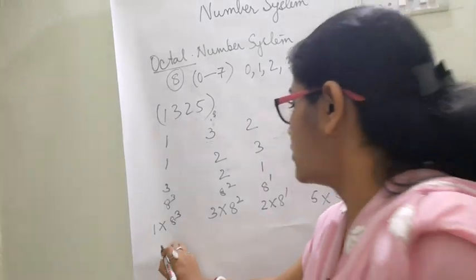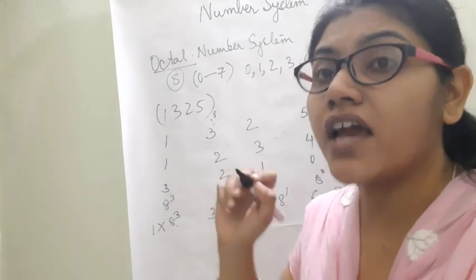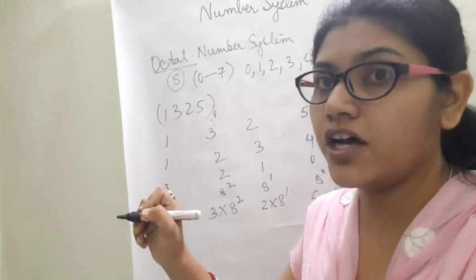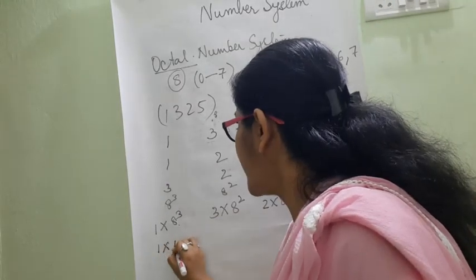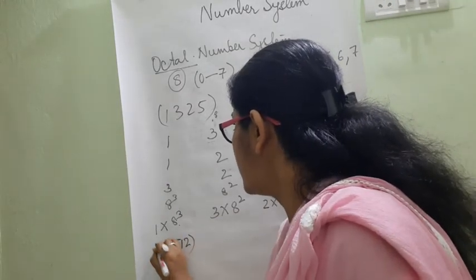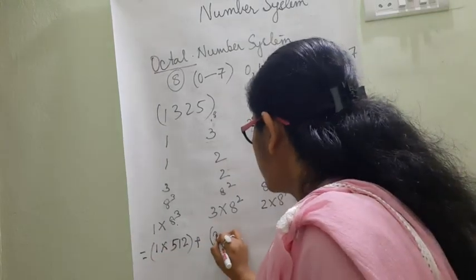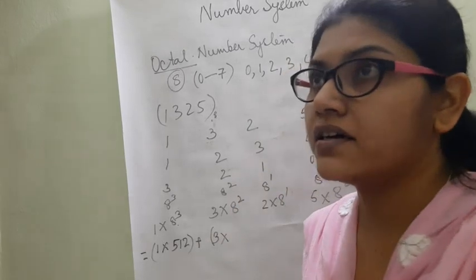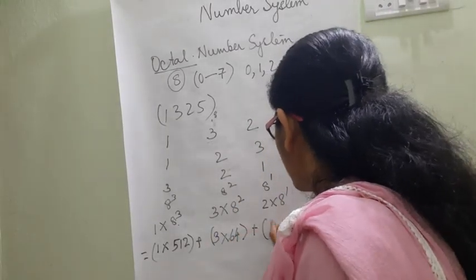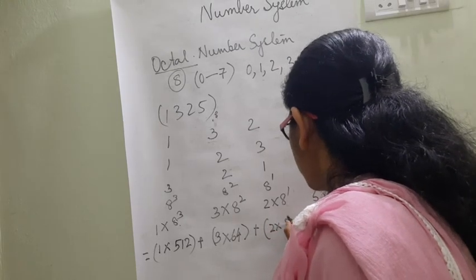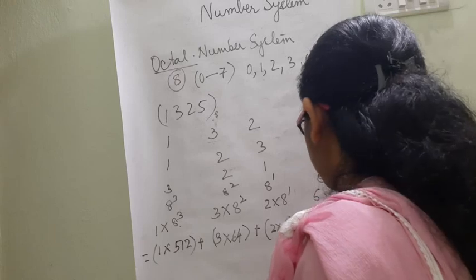Now calculate. 8 to the power 3 value will be 512, 8 into 8 into 8. So 1 into 512 plus 3 into 8 into 8, 64, plus 2 into 8 plus 5 into 1, 8 to the power 0.